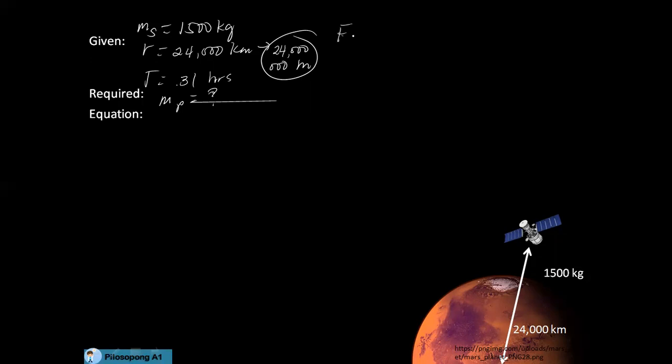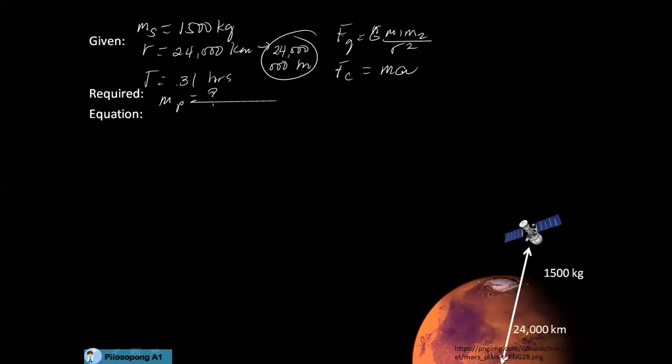Fg is equal to G times m sub 1, m sub 2, all over r squared. We know that in planetary motion or uniform circular motion, Fg is also equivalent to the centripetal force, that is ma.